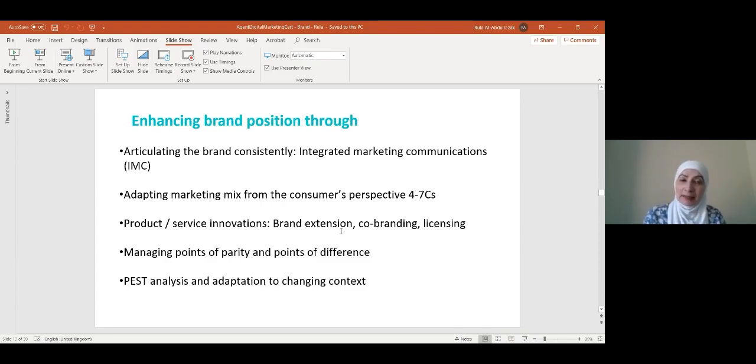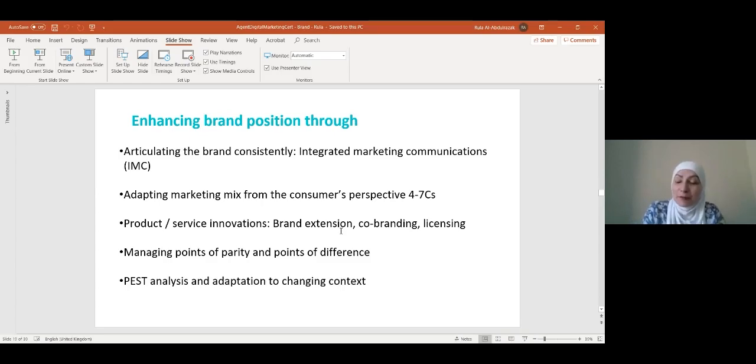So to enhance that, you need consistency in articulating your messages, and that's through what we call integrated marketing communication, where there is a synergy between your communication across platforms, online and offline. And adapting your marketing mix, moving to customer-focused ones, so from the 4 Ps to the 4 and 7 Cs.